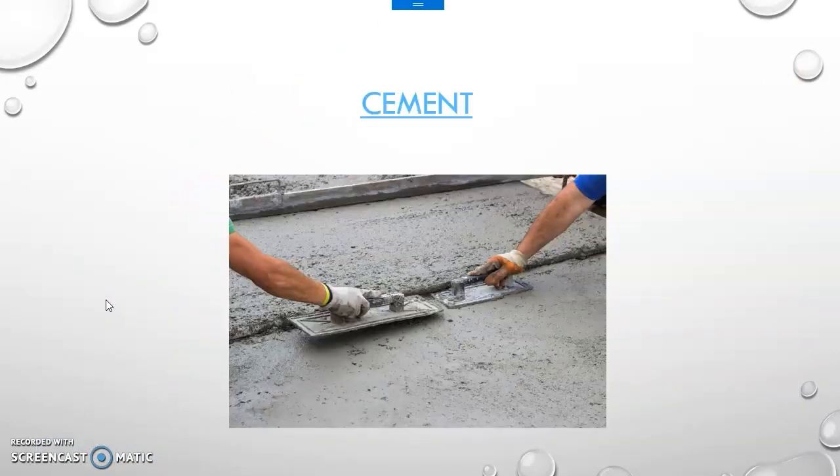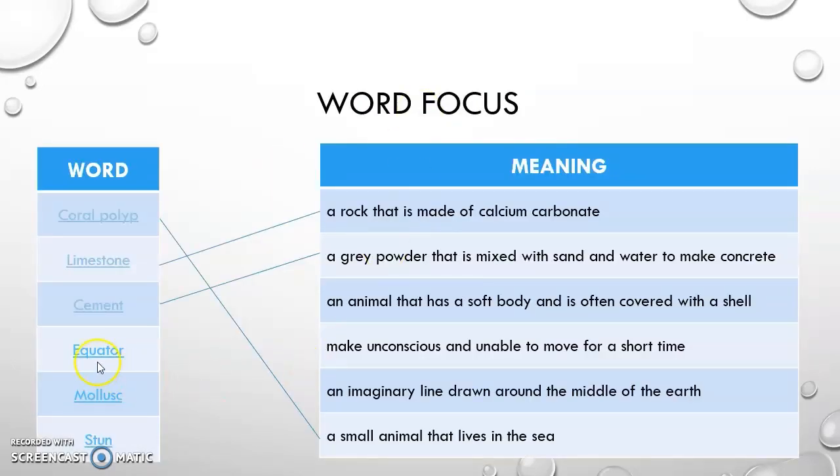We see cement in our surroundings almost every day, right? All the buildings are made with cement. Next, equator, very easy. An imaginary line drawn around the middle of the earth. So what is this?